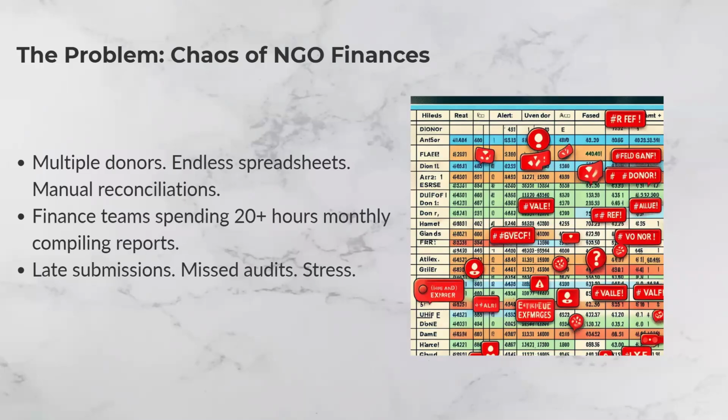Deadlines get tight, donor reports overlap, one missing link, and suddenly the audit is delayed and everything is in a mess. And that is one of the challenges we have observed with NGOs. This is where we all start, but it doesn't have to be where we stay.